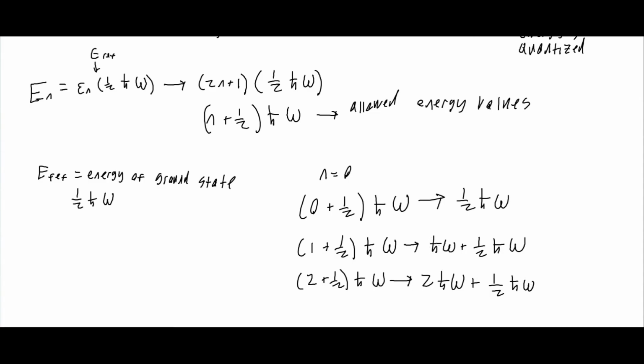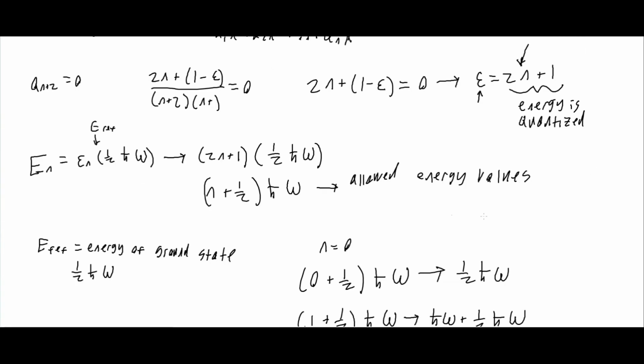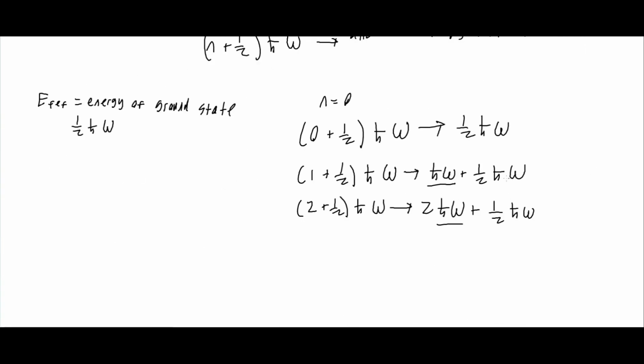And so this will just keep going up by integers of 1. So we can just say it goes up by factors of this h bar omega here. And so that is our allowed energy values for the Schrodinger equation.